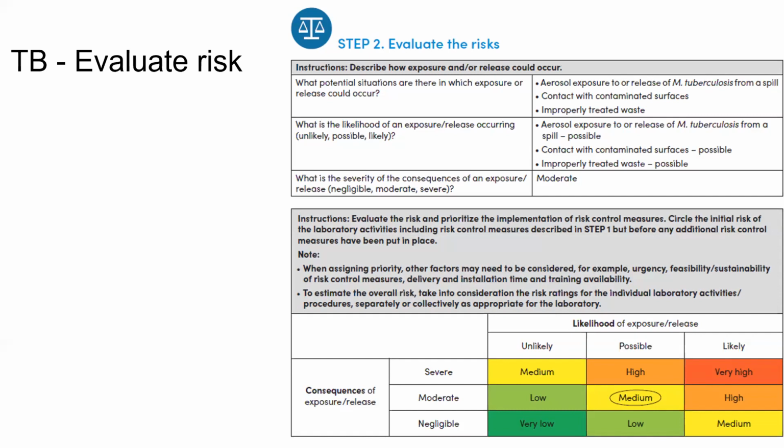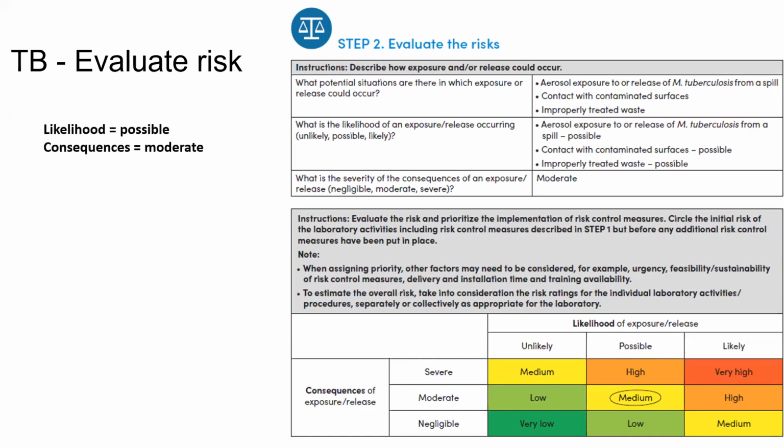So everything is kind of in the middle there. And then what are the severity of consequences of an exposure? Moderate, based on the characteristics that we talked about for Mycobacterium tuberculosis. So overall, the likelihood of exposure and release, because it's possible likelihood, moderate consequences, is medium.